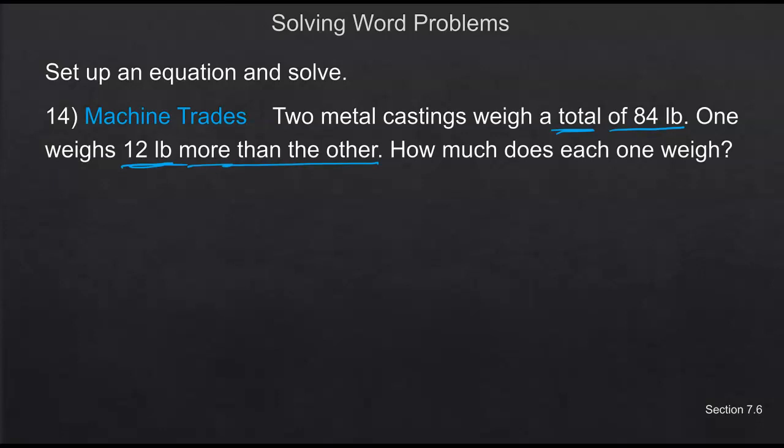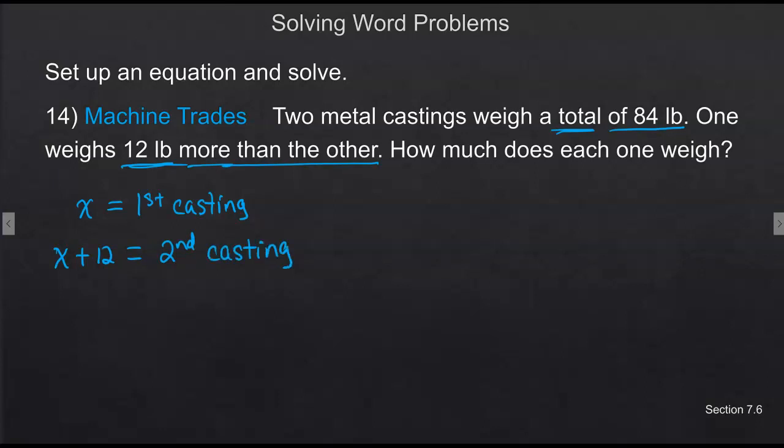What I like to do when I'm trying to set up one of these is identify my variable. I'm going to say X is equal to the first casting. So I'm going to name one of them, and that way I can base the other one on this, since one of them weighs 12 pounds more than the other. That casting plus 12 will be the second casting.